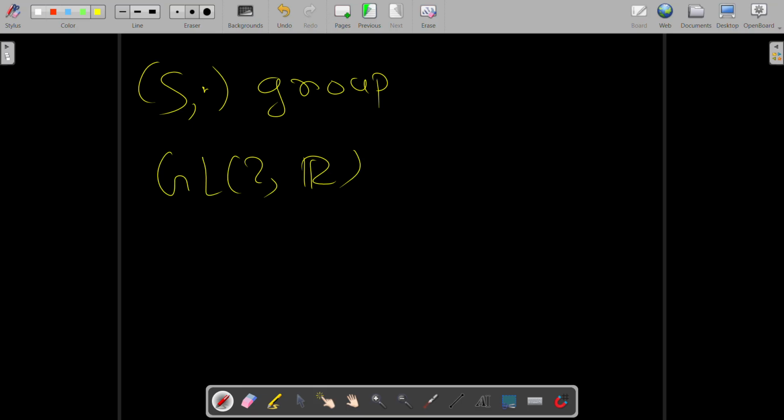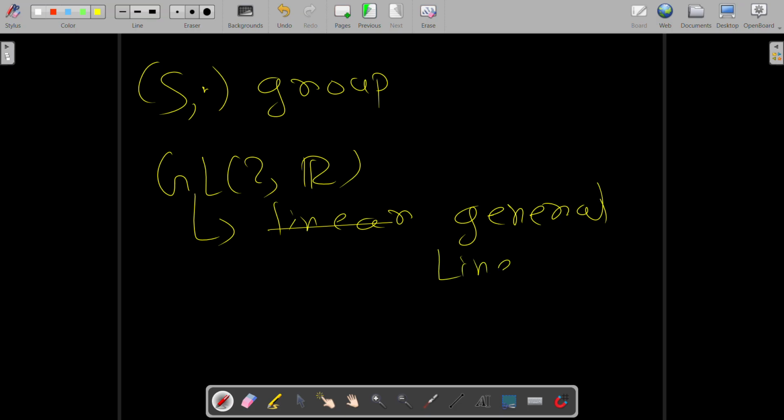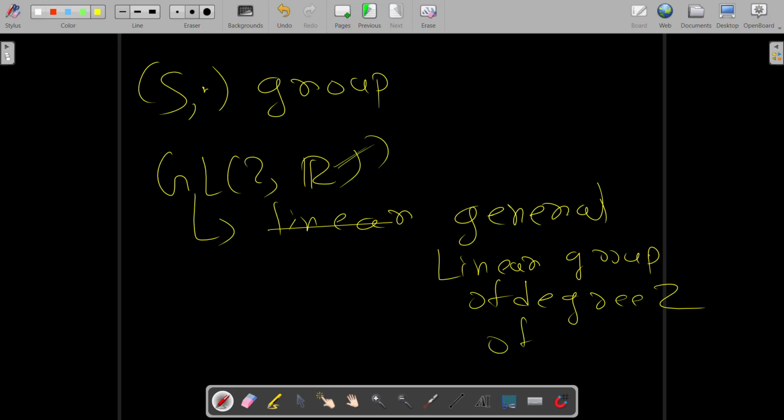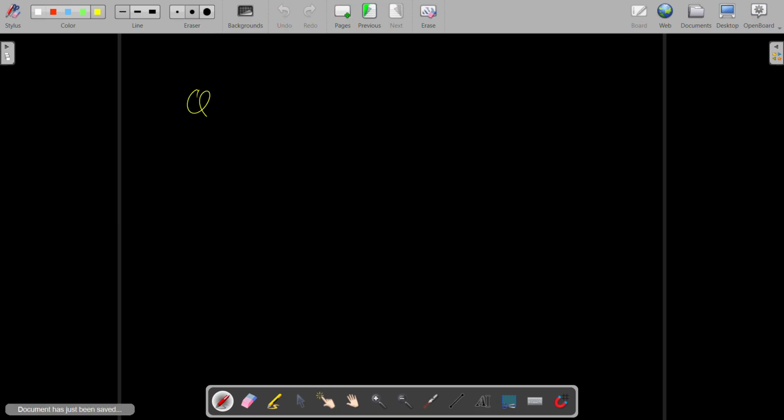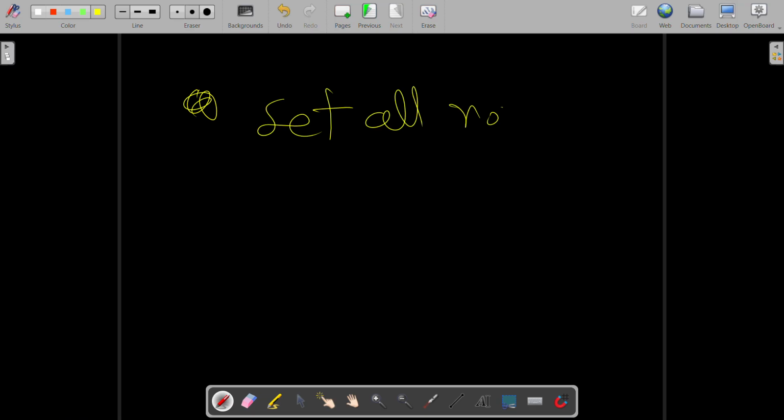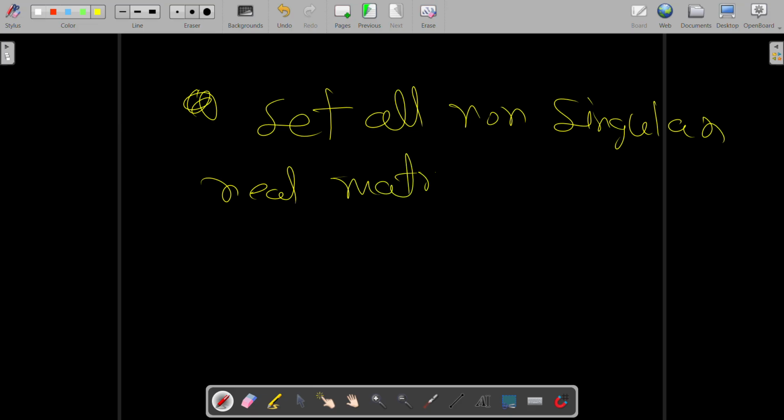The name of this group is the general linear group of degree 2 over R. This set means the set of all non-singular real matrices of order 2 cross 2.